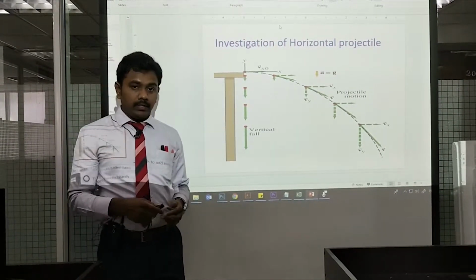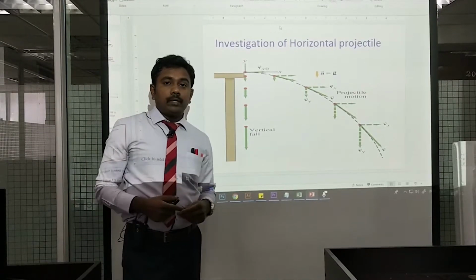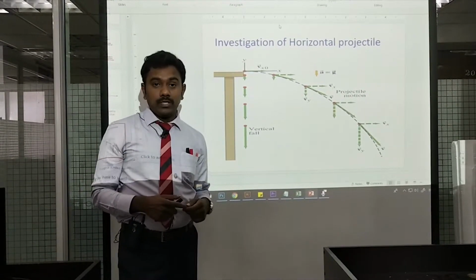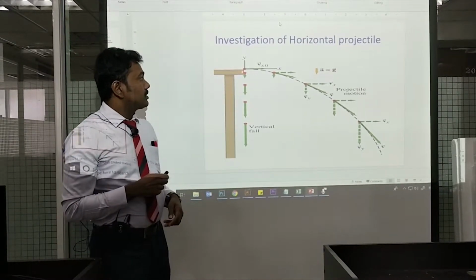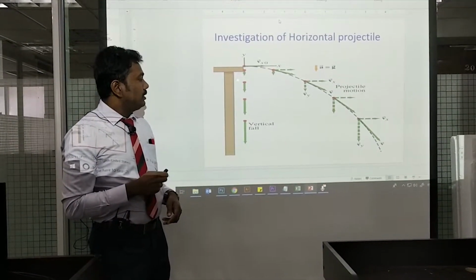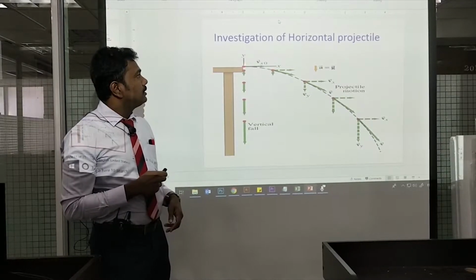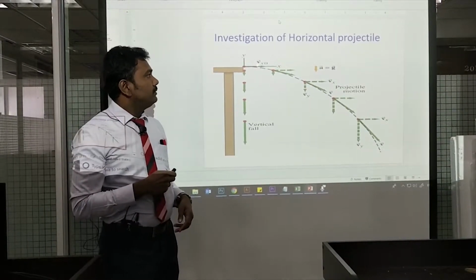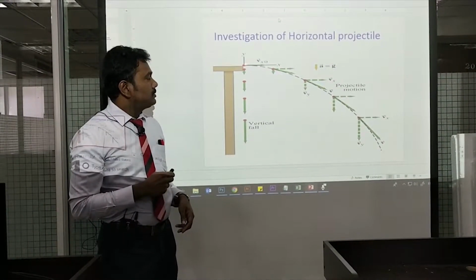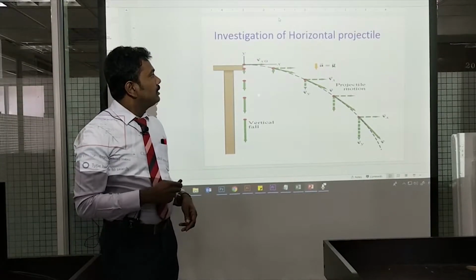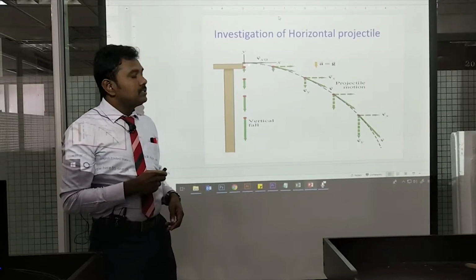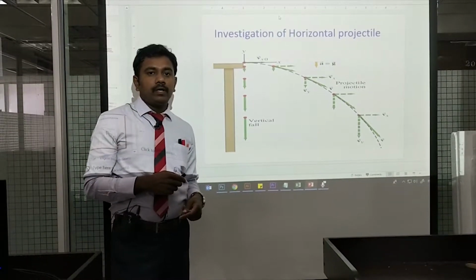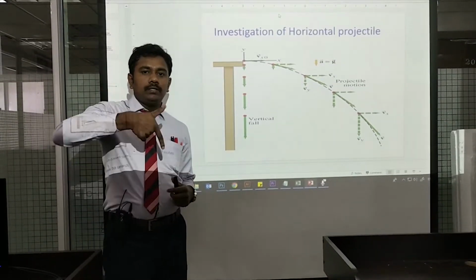Now, I would like to go with the investigation of the horizontal projectile. Here I have a projectile launched from a height h with an initial velocity v, and the projectile follows the trajectory shown. Since velocity is a vector quantity, I can resolve it into a horizontal component and a vertical component.